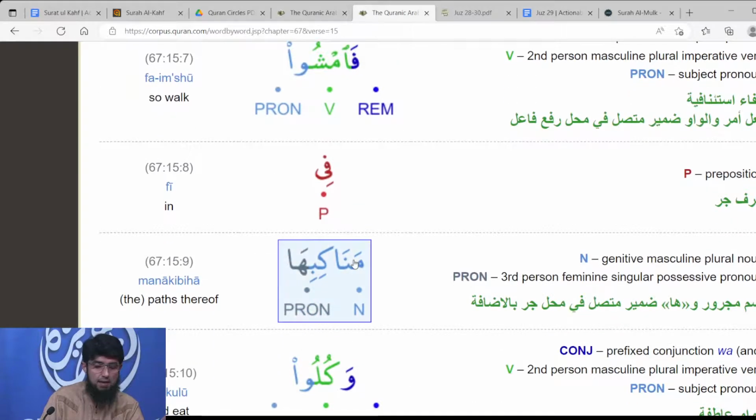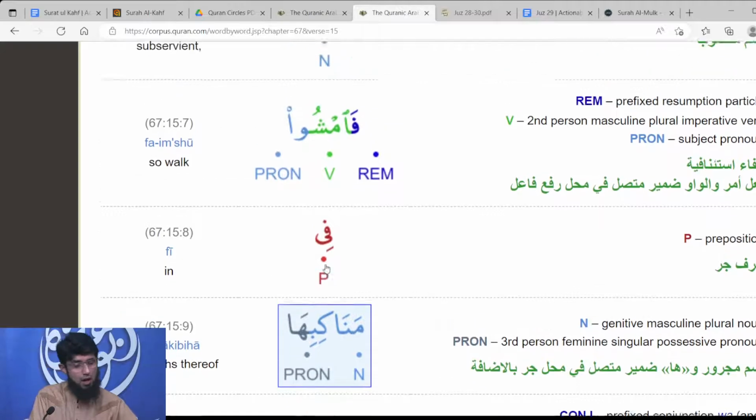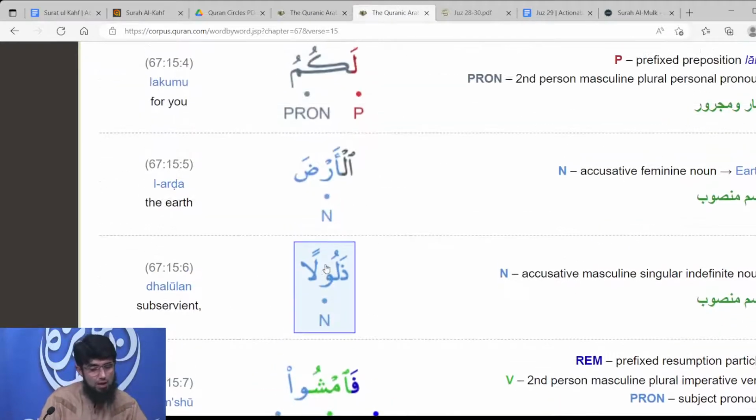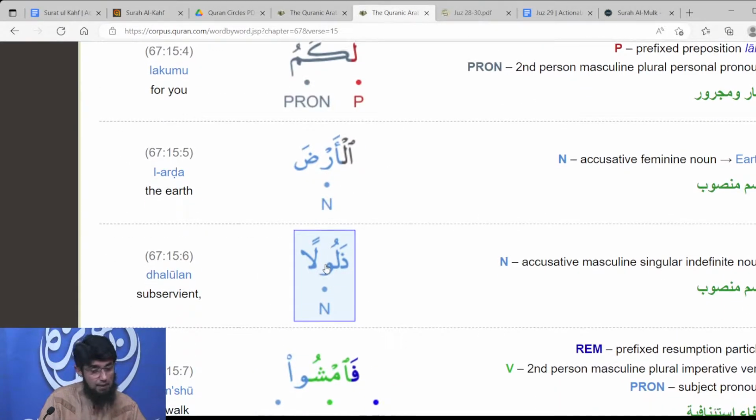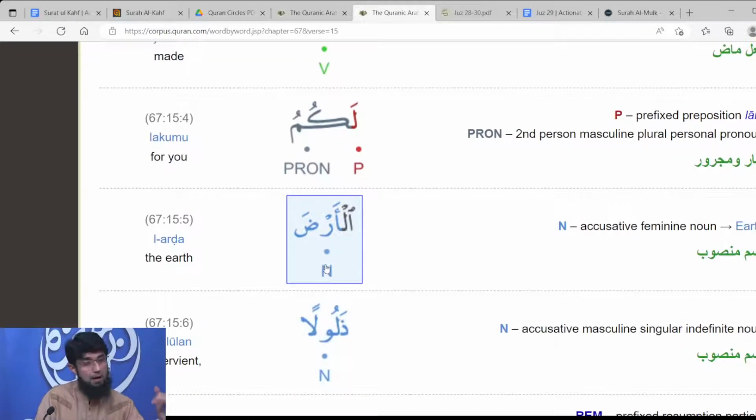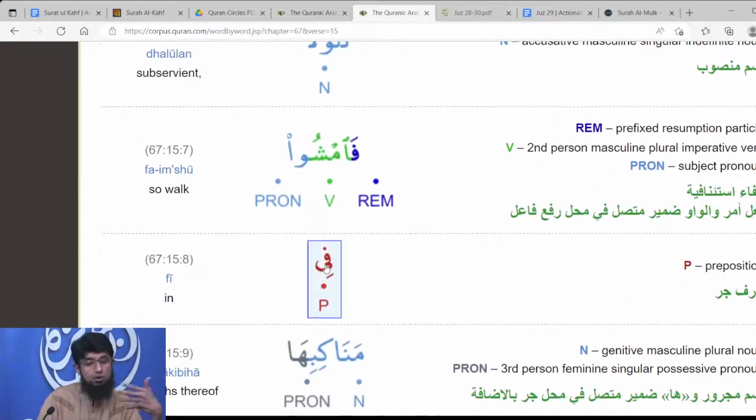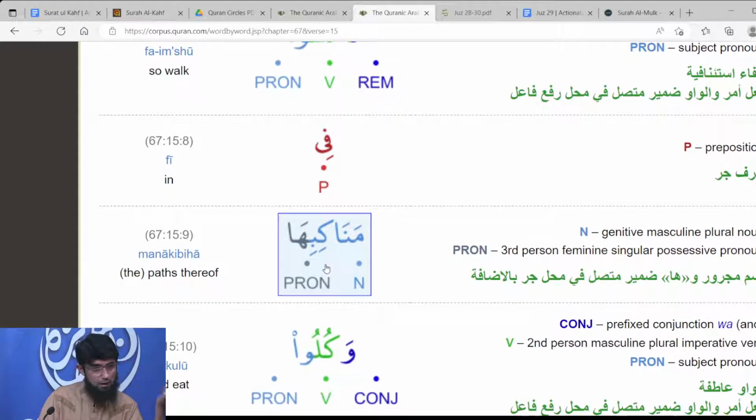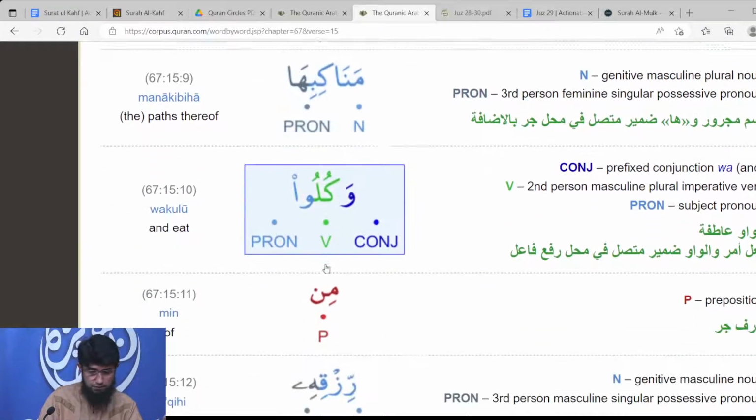So usually if you don't know what the pronoun is referring to, it's referring to the last item that was talked about. So what is the last item talked about here? The earth. Allah has made the earth dhalul for you. So you walk in its manakib, in the paths of the earth. So earth is a feminine noun.